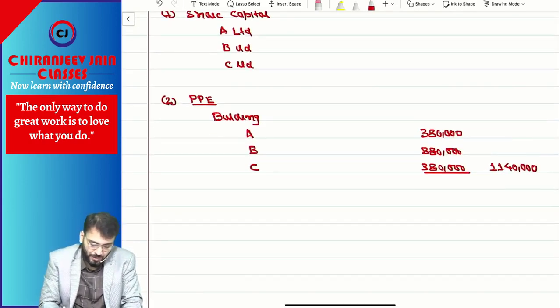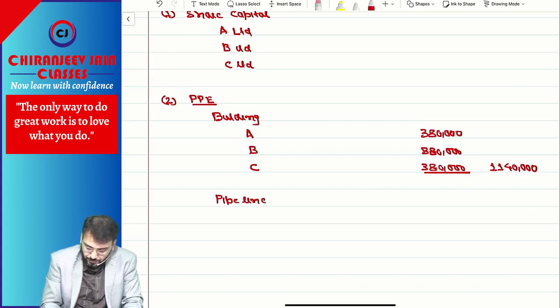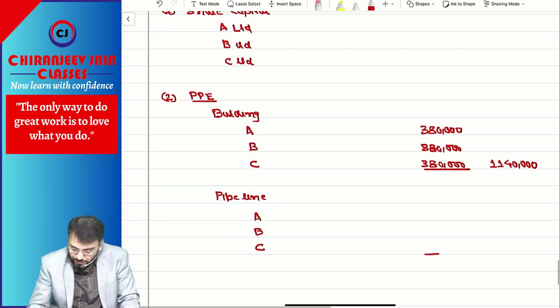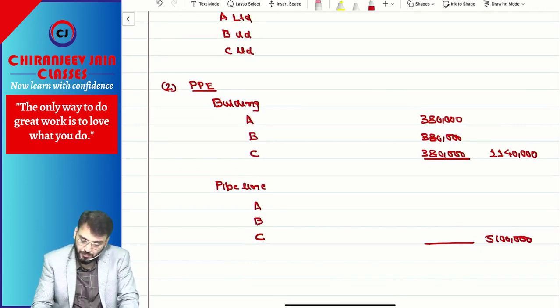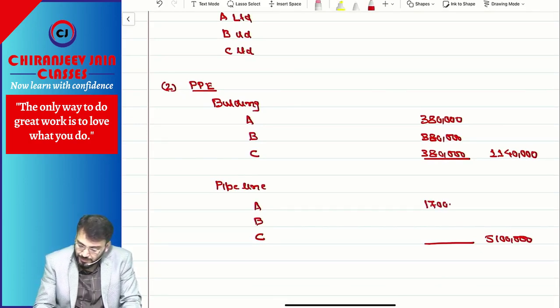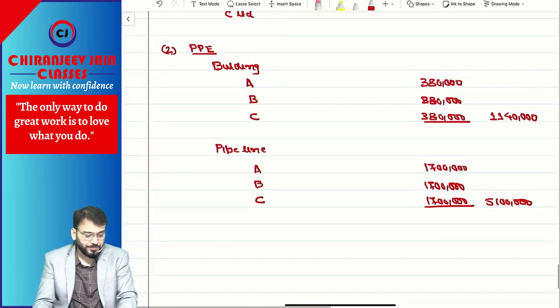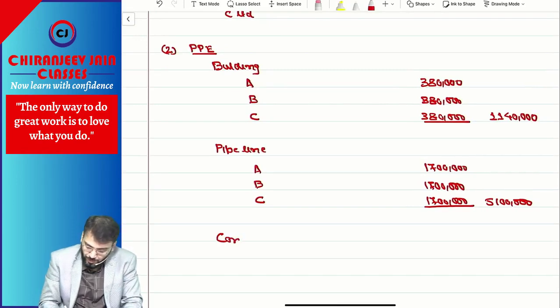Then after that is the pipeline, A, B, C. Total after depreciation is 51 lakh. Divide by 3, 17 lakh. Then we have the computer.